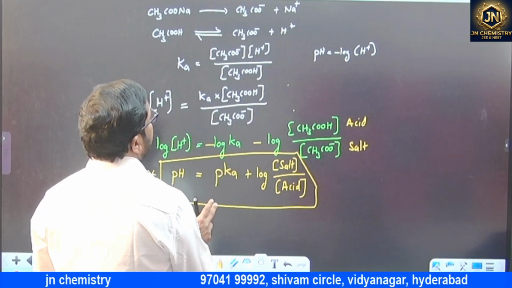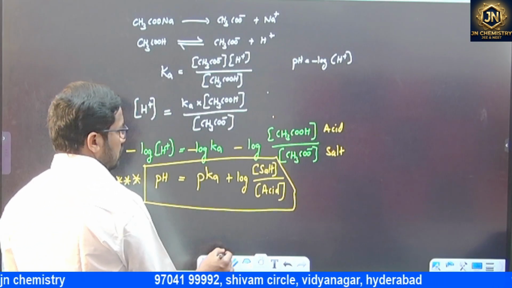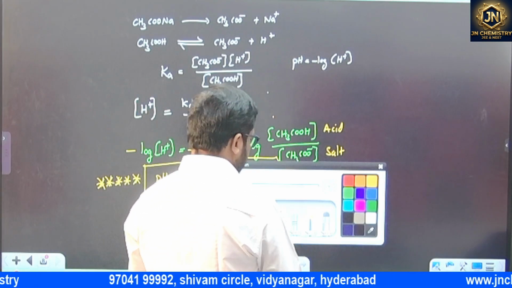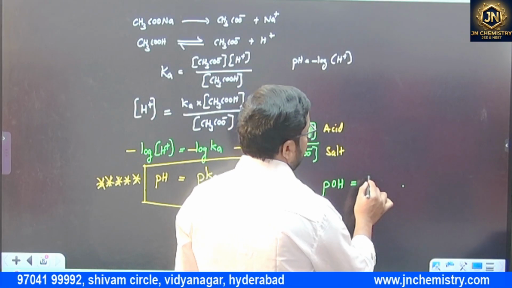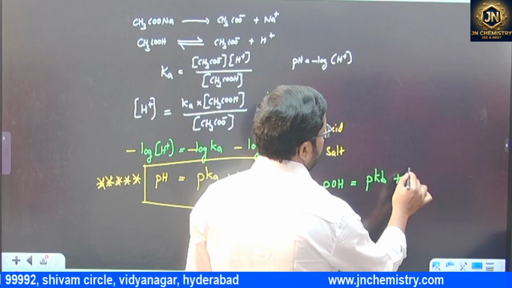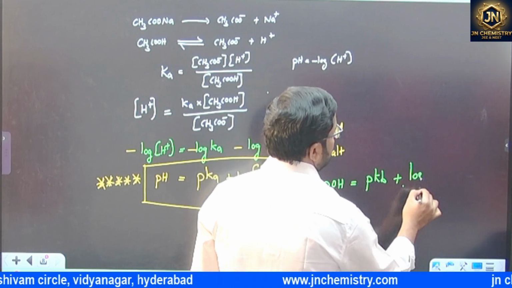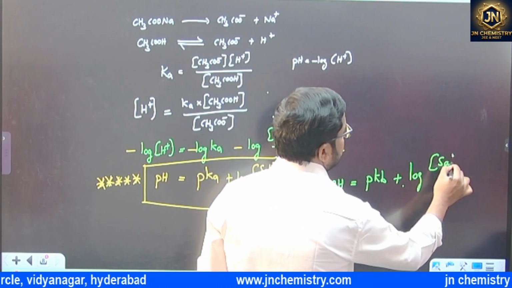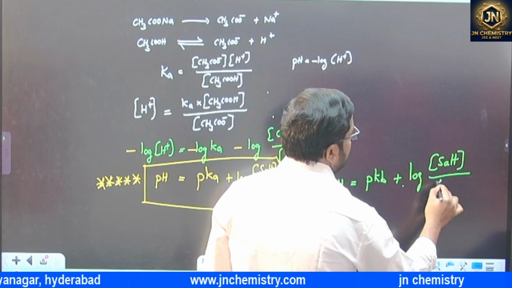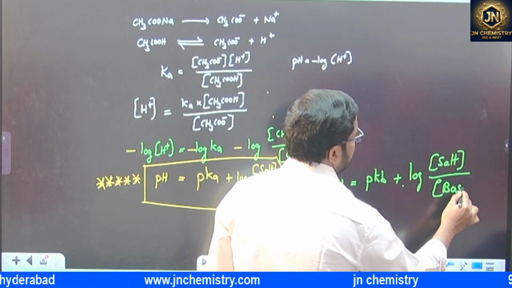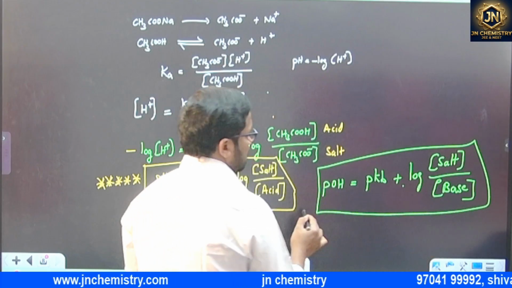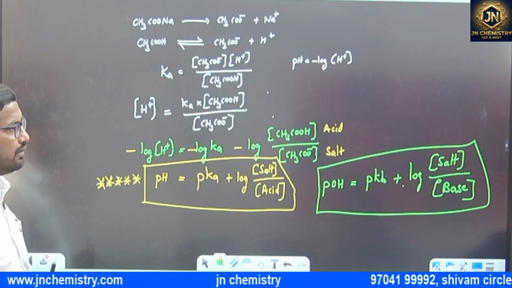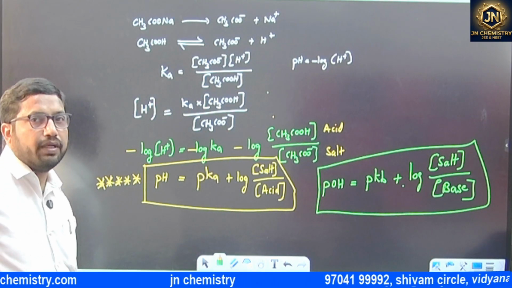I am not deriving that for the base, right? pOH is equals to pKb plus log salt concentration by base concentration.